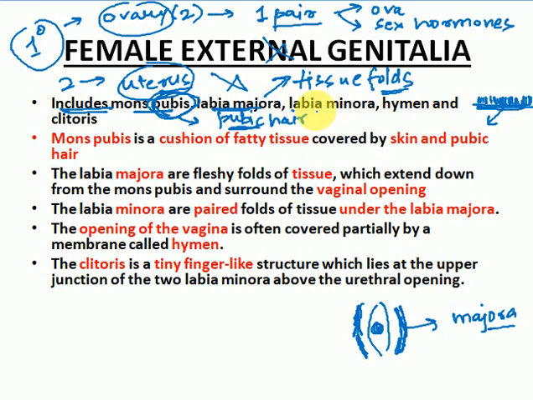After that, there is the labia minora. Now this labia minora has an important property: they are paired structures, and they are present under the labia majora. So inside the labia majora you will find the labia minora, which are paired structures in this way. So what I am drawing on the side of the vaginal orifice, that is the labia minora. So this one is the minora.